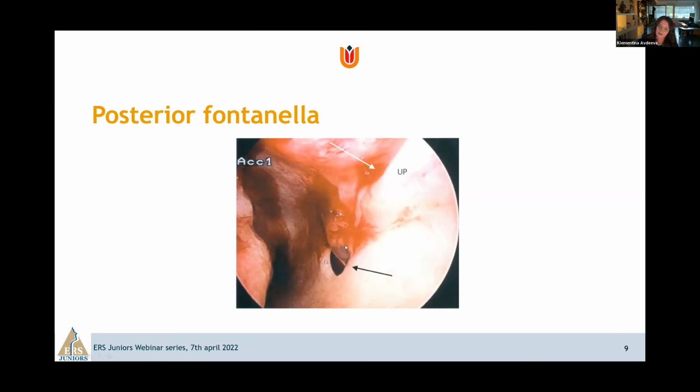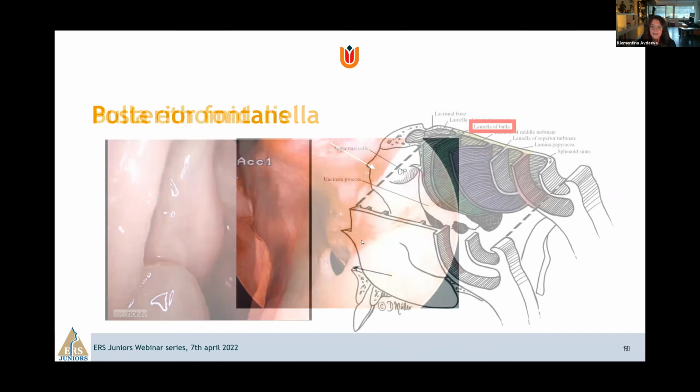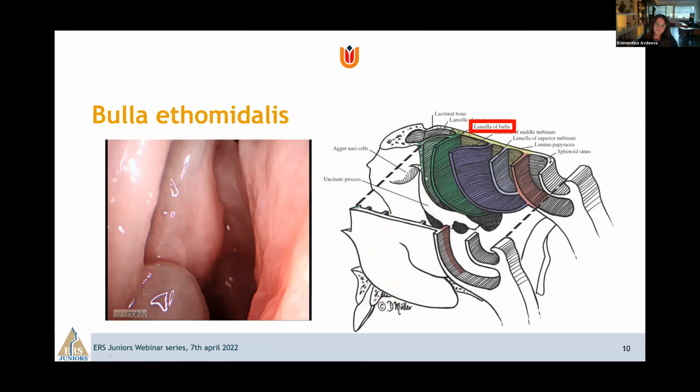And this is an accessory ostium of the maxillary sinus, which might be confused for the natural ostium of the maxillary sinus, which is actually located more anteriorly and superiorly, as we have discussed before, it's hiding behind the uncinate process. So if you see this during the surgery, please don't confuse it for the natural ostium, and just locate the natural ostium and combine these two together. So this was the first lamella.